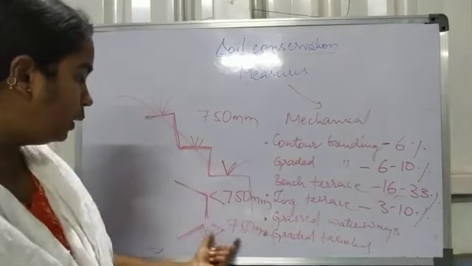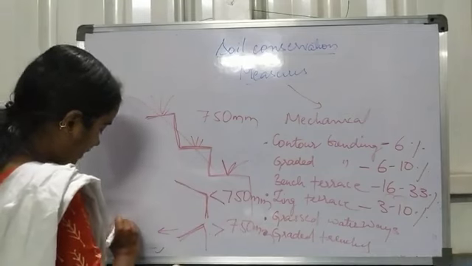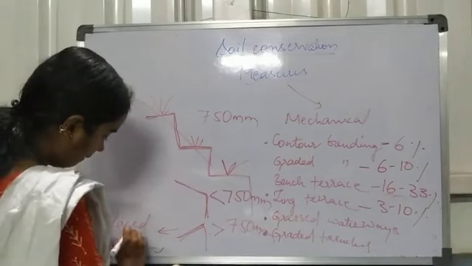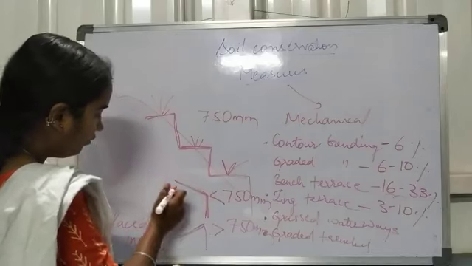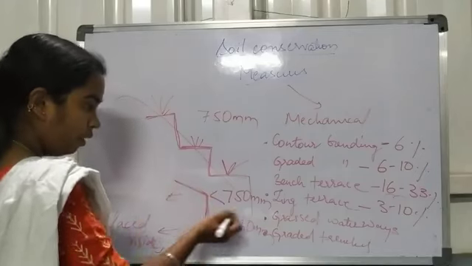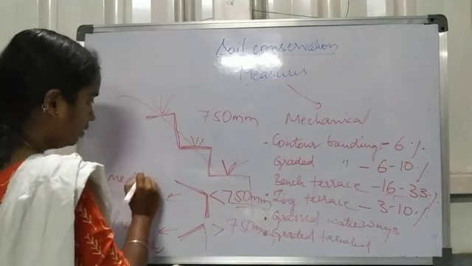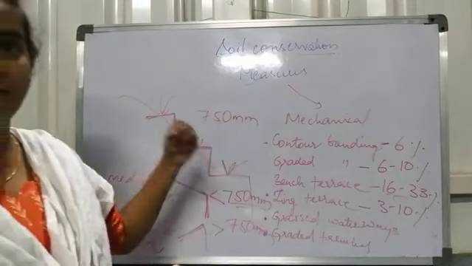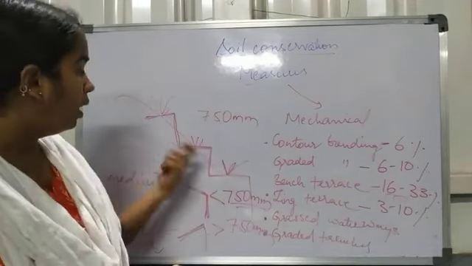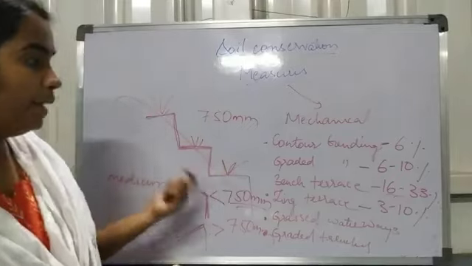For such soil, the bench will be faced inside. It will be faced outside for less rainfall and medium kind of soil. And tabletop is used for rainfall around 750 mm and also medium type of soil. This is about the bench terracing.